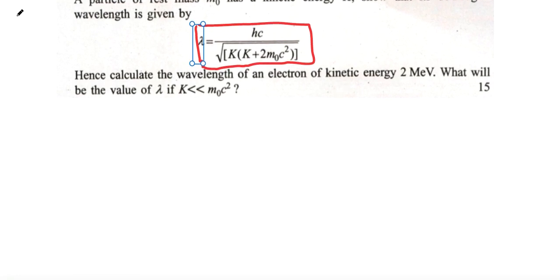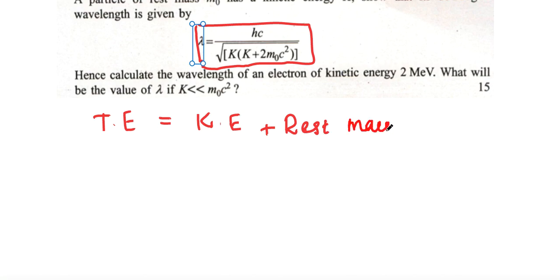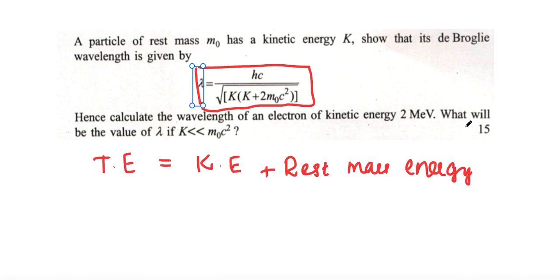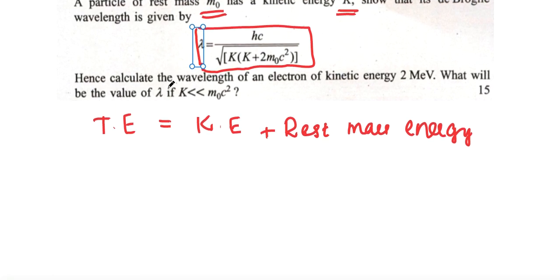So we know that the total energy is equal to kinetic energy plus rest mass energy. Here the electron has a rest mass m0 and kinetic energy K. These two things are given in the question itself, so that makes this question very simple.